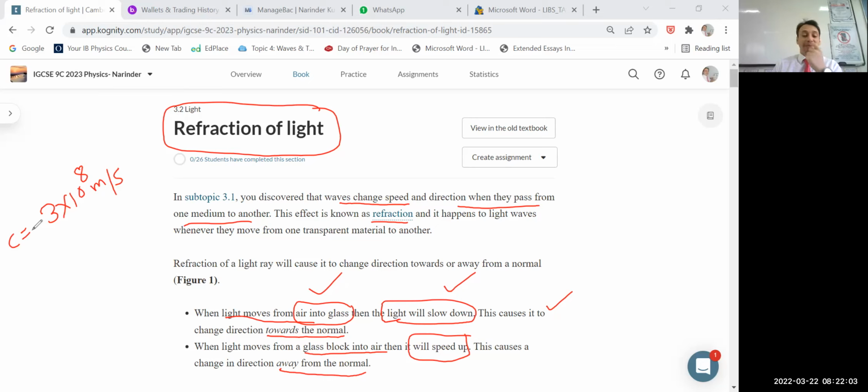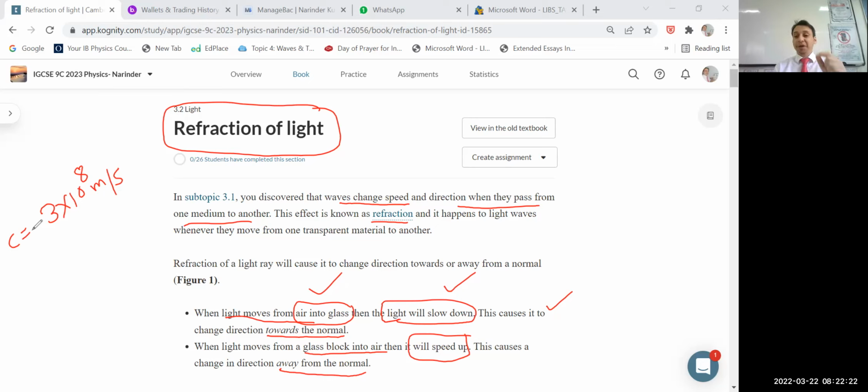Speed of sound is maximum in solid. But here, in case of light, this is reverse. Light speed reduces in solid, but sound speed increases in solid. Please make a note of these 2 points.